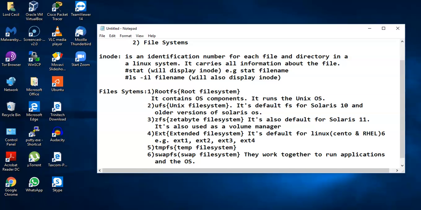They are also needed during application and operating system installation.